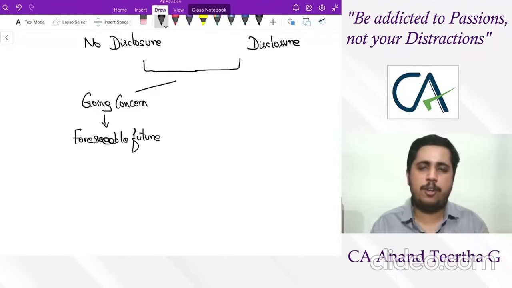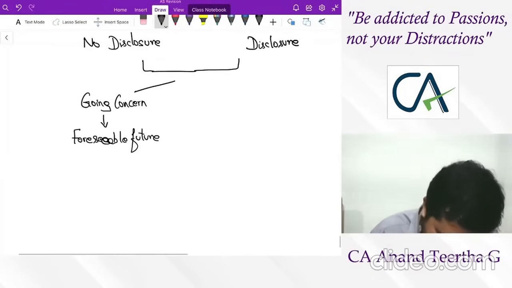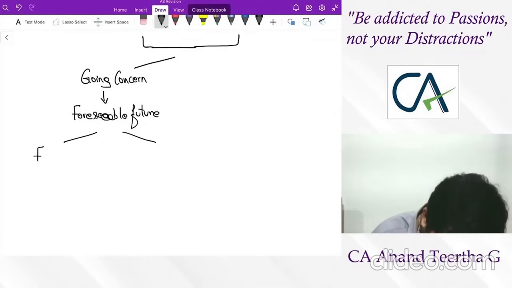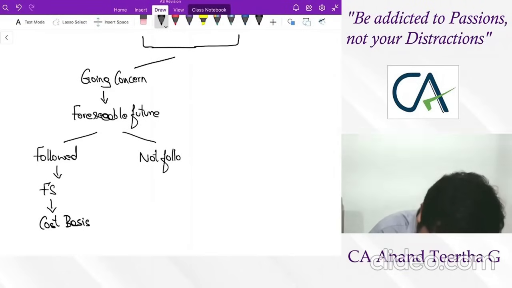There is no need for the business to close up. Then, what is the impact of going concern? If the going concern assumption is followed, then the financial statements are supposed to be prepared according to cost basis. If the going concern assumption is not followed, then financial statements will be prepared according to realization basis.